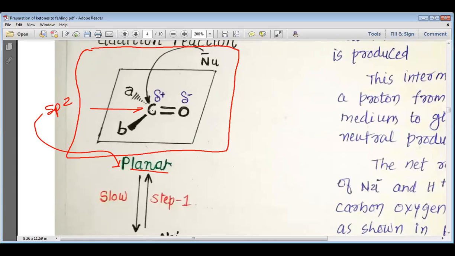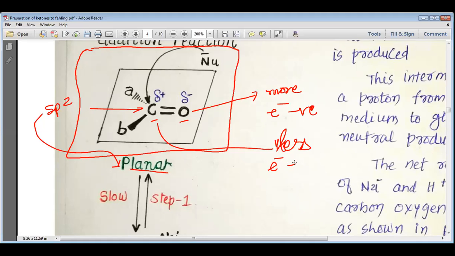All the bonds which are sp2 bonds are available in the same plane, and you can see that there is a slight positive charge on carbon and a slight negative charge on oxygen, because oxygen is more electronegative, whereas carbon is less electronegative. So small charges are being generated, and this bond becomes polar.